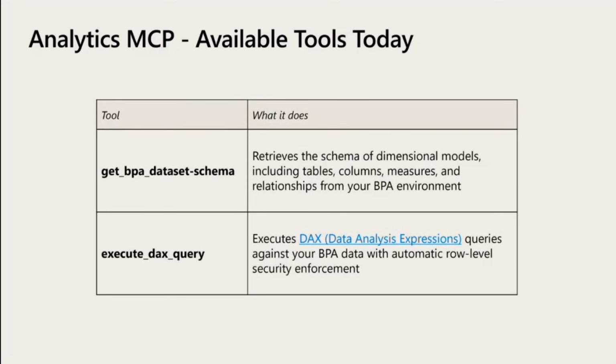And by understanding the BPA datasets, the AI would be able to come up with DAX queries and perform those DAX queries to read and extract insights out of your BPA instance through the second tool.